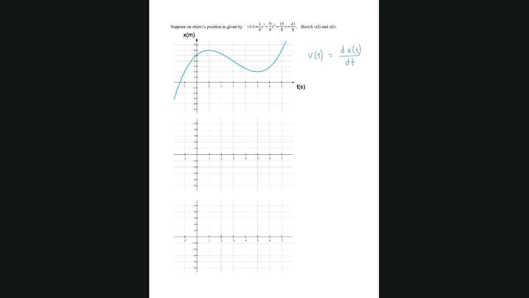I'm going to find d over dt of the function 1/8 t cubed minus 9/8 t squared plus 15/8 t plus 41/8.